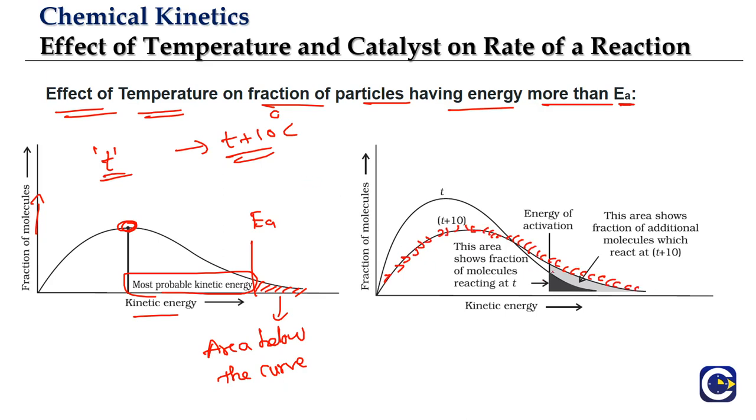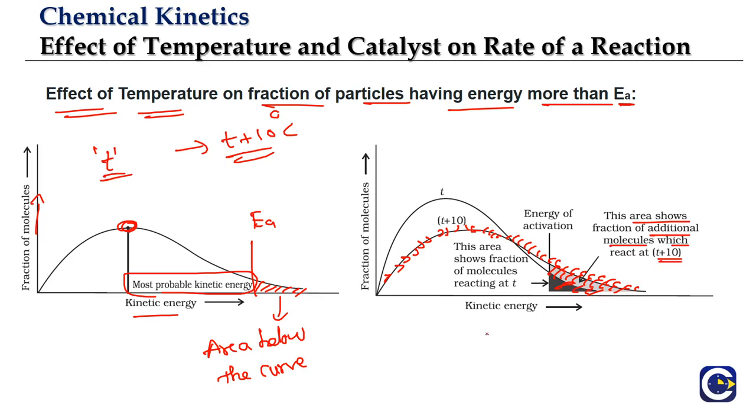One thing that we see is that the area below the curve is getting additional value. The area for the temperature curve T plus 10 will have additional molecules, because the area over here will be higher.